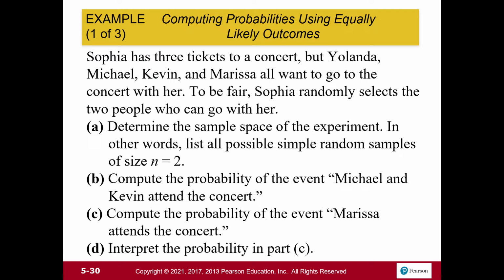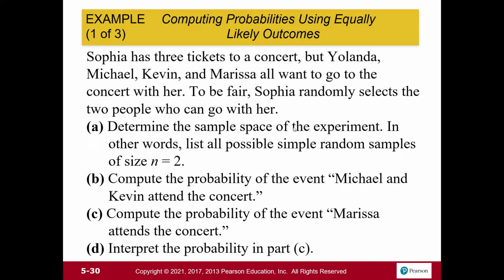So here's another scenario. Sophia has 3 tickets to a concert, but Yolanda, Michael, Kevin, and Marissa all want to go to the concert with her. To be fair, Sophia randomly selects the 2 people who can go with her. So Sophia's going to take a ticket, and then she's going to only select 2 people.